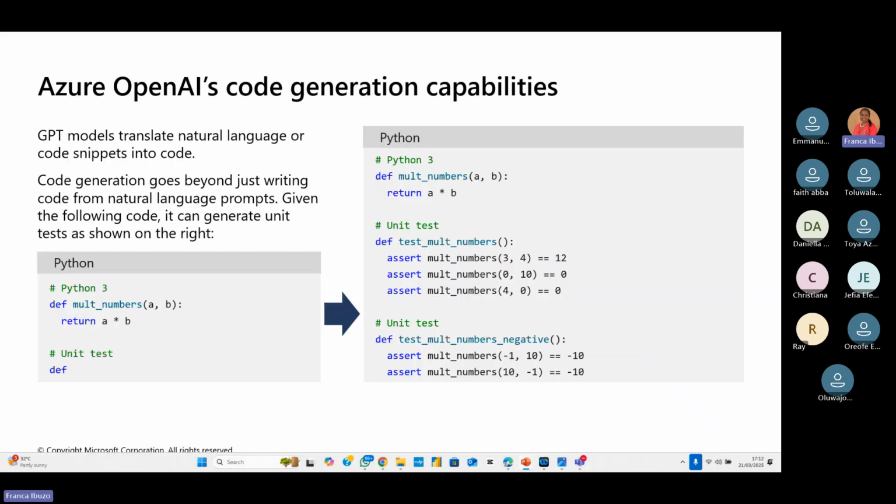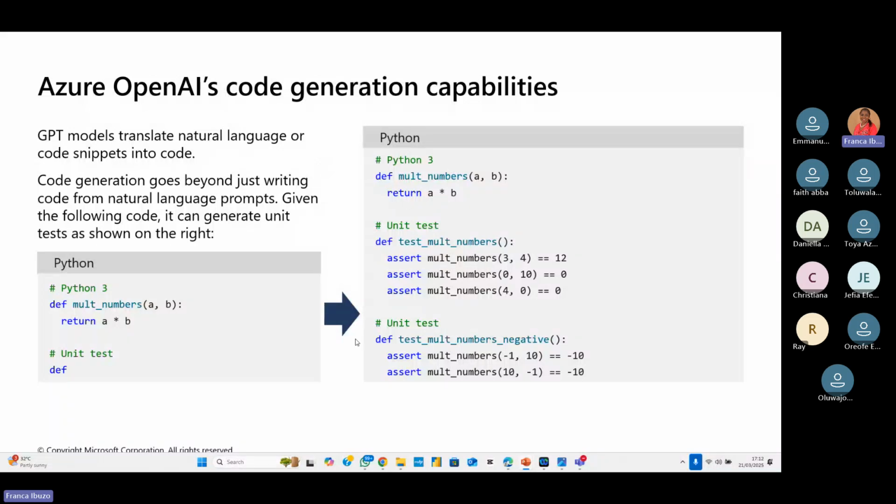Here is the code, multiplying A by B. You're defining those numbers as A and B, and the unit test is there. It's just explaining to you that you can generate these codes.